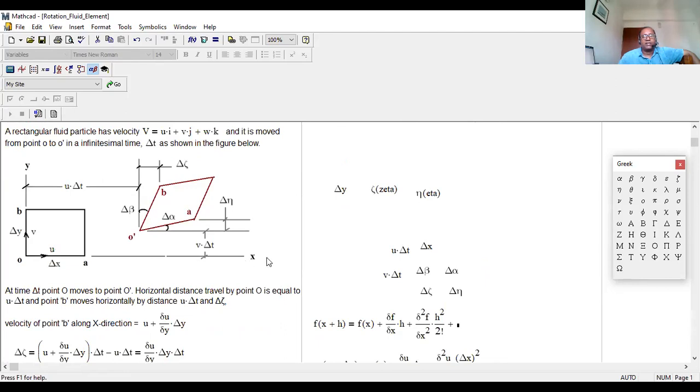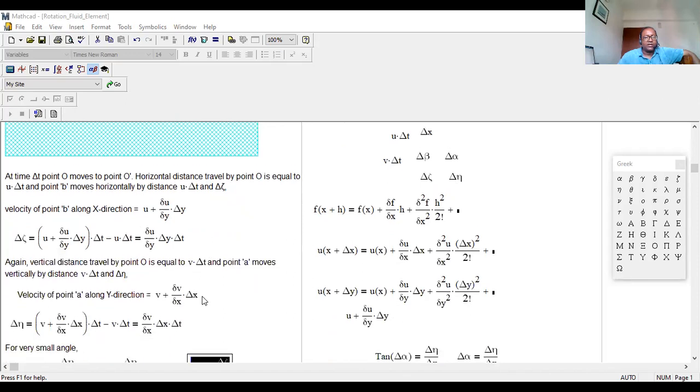This is the x-axis, this is the y-axis. That means rotation is happening along the z-axis. If I say this is the z-axis, this is my x-axis, this is the y-axis, so you are rotating something in this plane, that means it is rotating along the z-axis. So this rotation right over here will be the angular velocity or angular rotation along the z-axis.